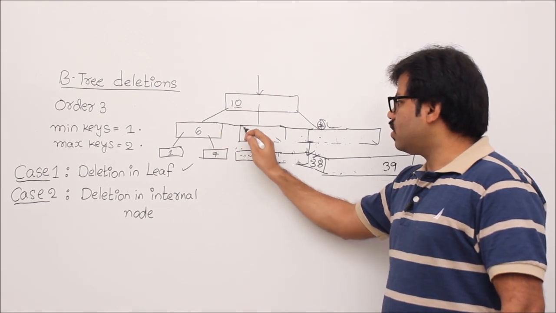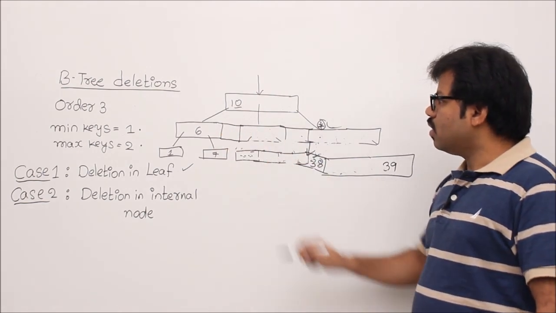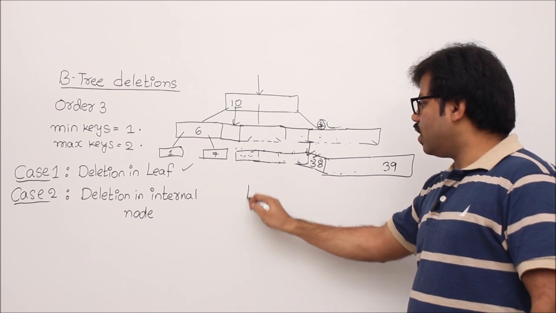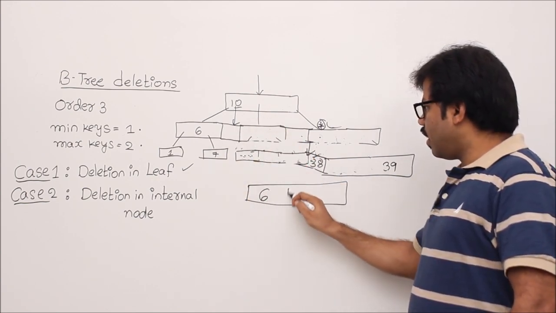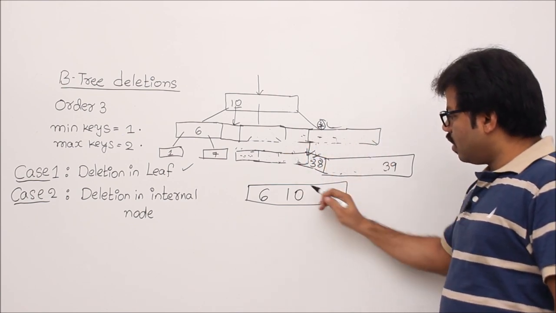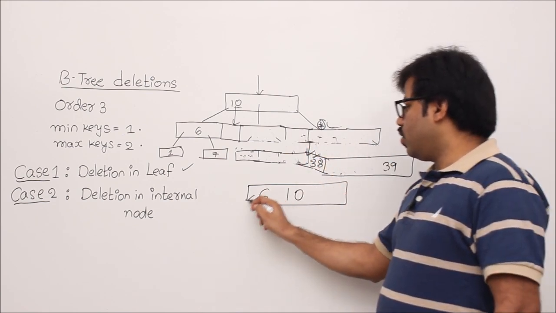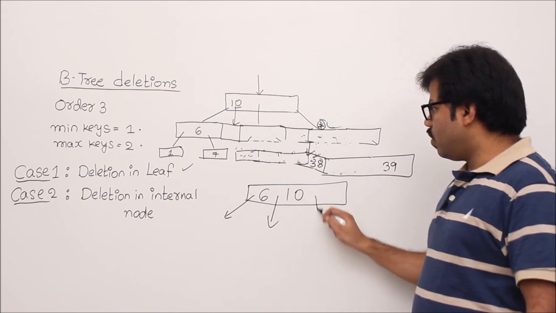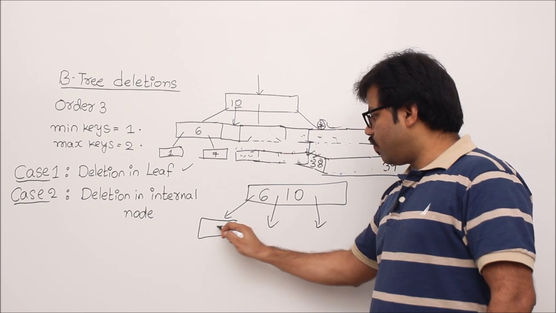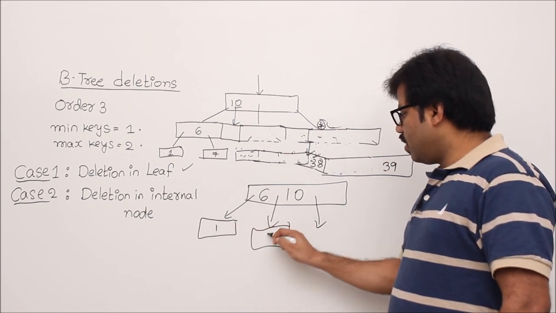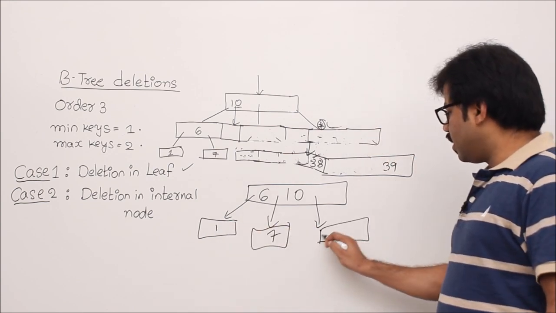So we merge these two nodes and we pull the anchor. If I do that, you get 6 and 10 and all the remaining keys of this right side, and you form 3 pointers. Do not worry, we have 3 children, we can adjust like this. 6's left is 1, 6's right is 7, 10's right is this 38, 39.